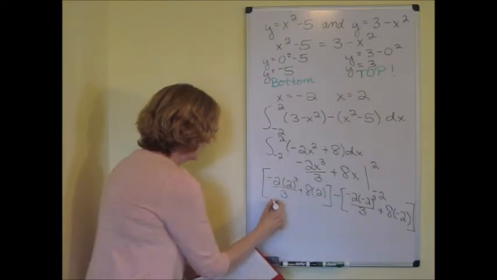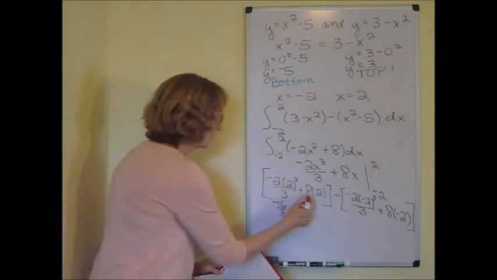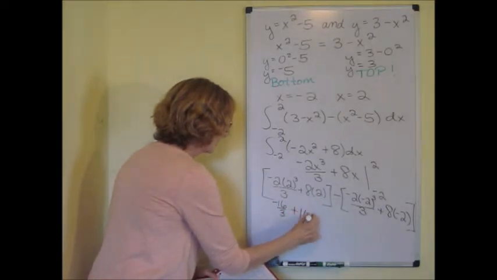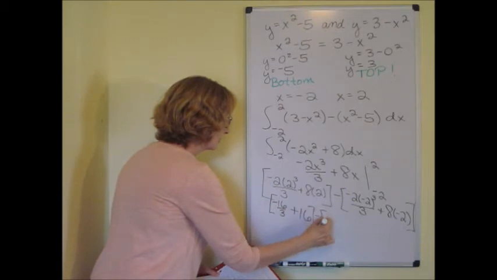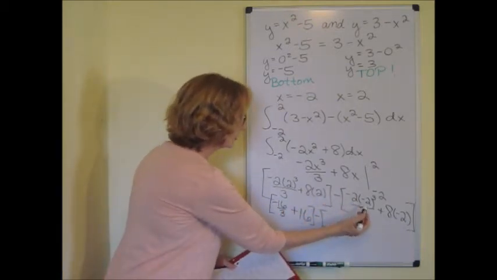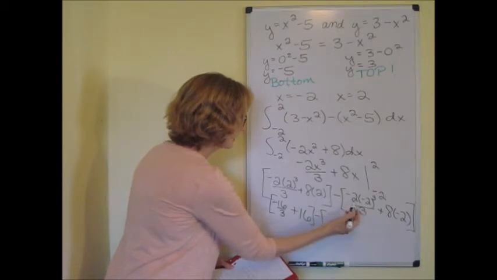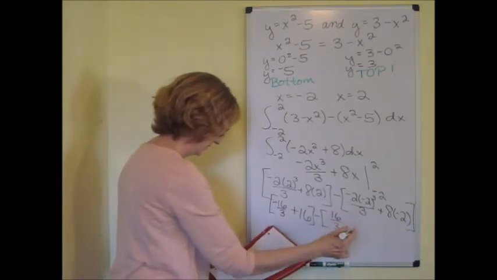I've got a negative 16/3. This will be a plus 16 for the first part, minus. Over here, this ends up being a positive, right? Because that's negative 8 times negative 2, so that's a positive 16/3 inside.